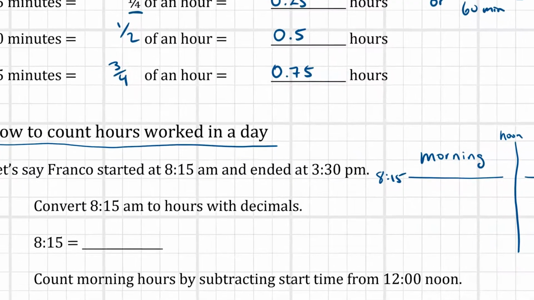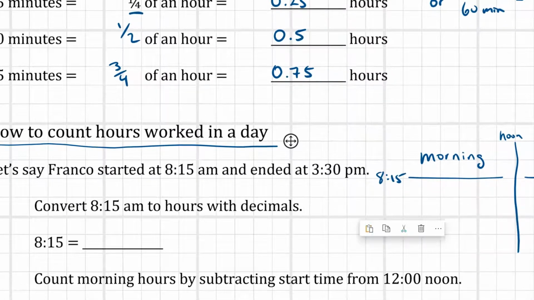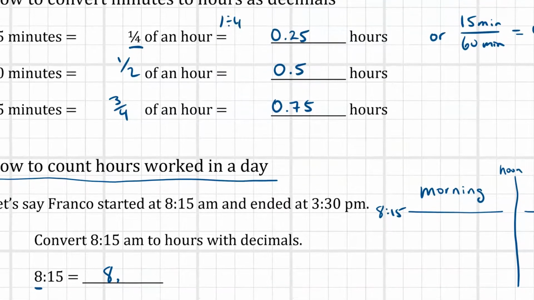So the first step is, let's convert that 8:15 a.m. to hours with decimals. So the 8 stays the same because that's the number of hours. But now the 15, here's what you don't want to do. You don't want to put 0.15, big X through there. What you want to do is say, okay, 15 minutes is a quarter of an hour.